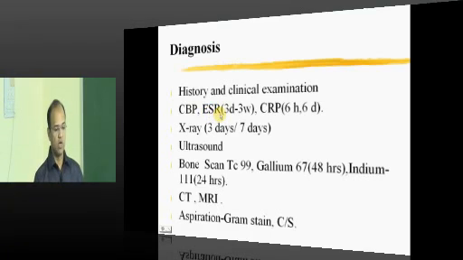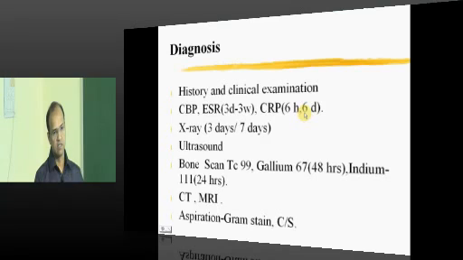Most important, Staph aureus. Now the usual things we take out and examine are ESR and CRP. ESR is erythrocyte sedimentation rate. CRP is an acute phase reactant and CRP is more useful than ESR. How come? CRP rises within 6 hours, peaks within 1 day and comes down within 1 week.